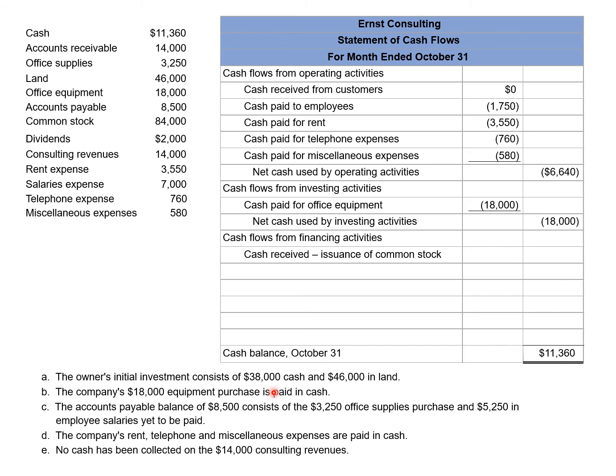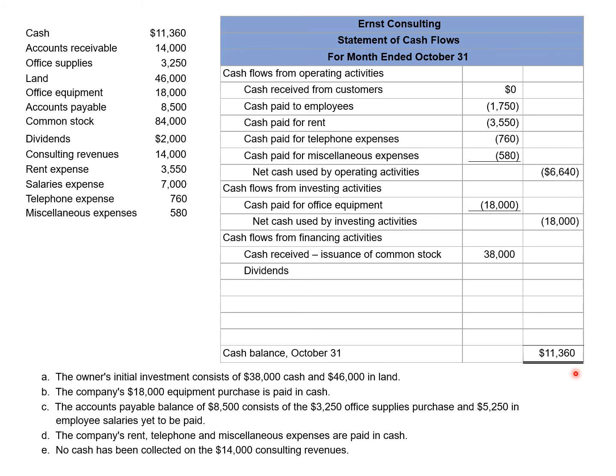So the owner gave us cash and land in exchange for common stock. Well, the land isn't a cash related item. And so the only piece we care about for purposes of the cash flow statement is this $38,000 cash that the owner gave us in exchange for common stock. And so that's a cash inflow, so it's a positive number.